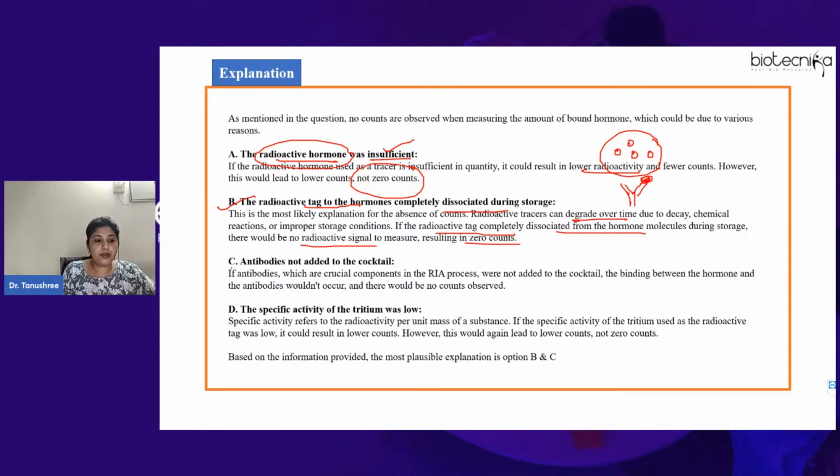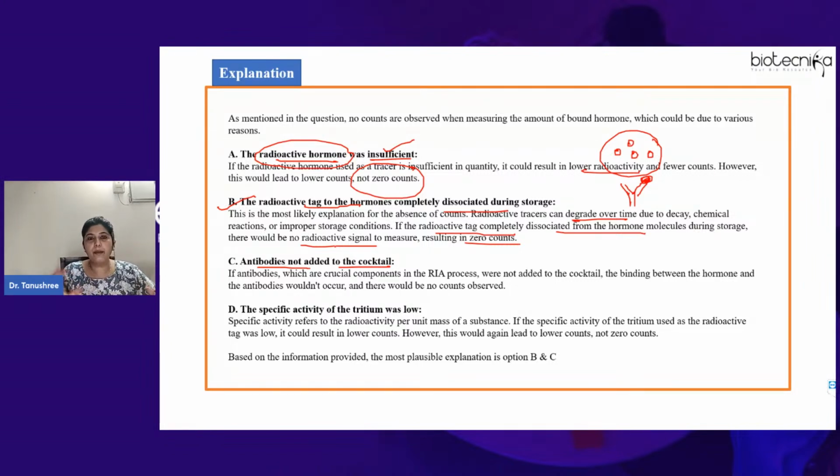Then you have statement C, antibodies not added to the cocktail. This mistake, unless you're deliberately doing it, then it's the other thing. Because you have to understand in RIA, antibodies are the crucial components. If you are performing RIA, that means you need antibodies, right?